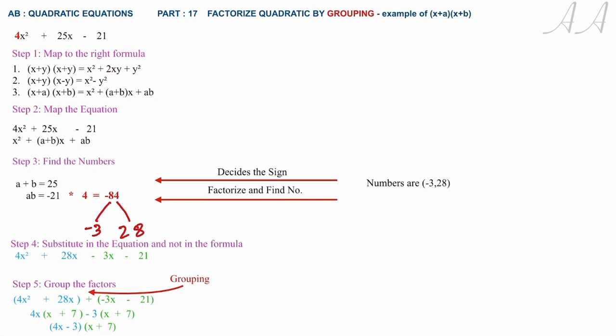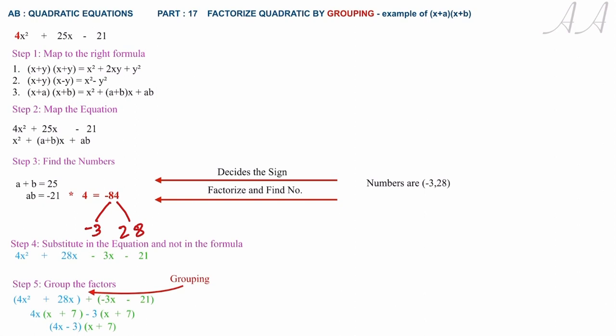So 4x, we'll take 4x outside of 4x squared plus 28x, and we'll be left with x plus 7. So 4x times x plus 7 gets you right up here. And minus 3 times x plus 7 gets you right up here. You might notice something. X plus 7 and x plus 7 are the same.